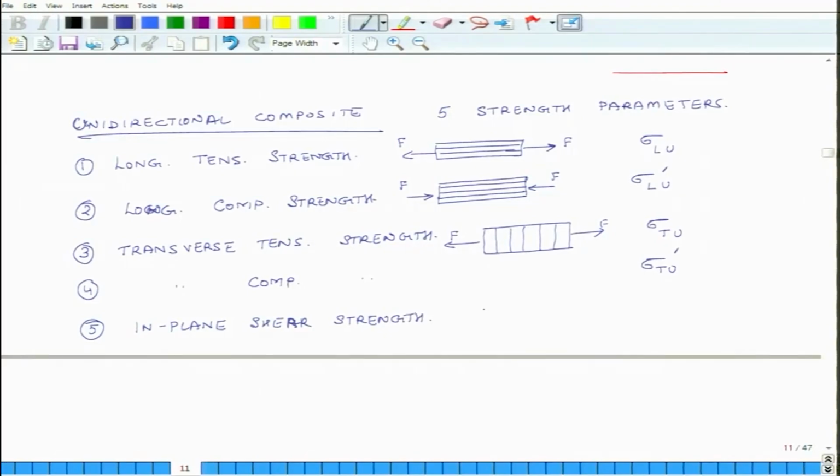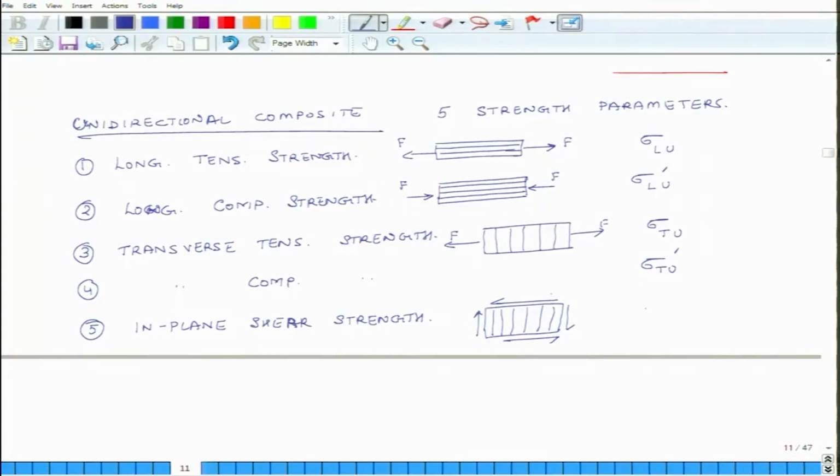So, here you take a block of material and you apply some shear stresses to it. Like this. And how are the fibers aligned? You can align fibers like this, or they can be in the L direction, it does not matter because of symmetry.